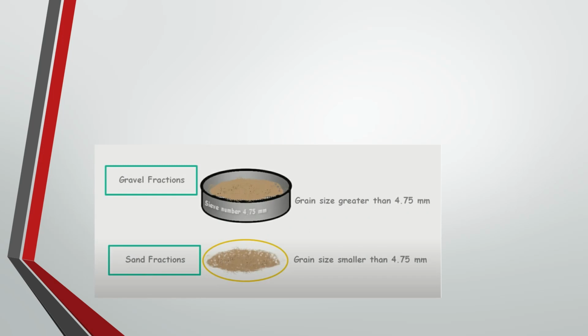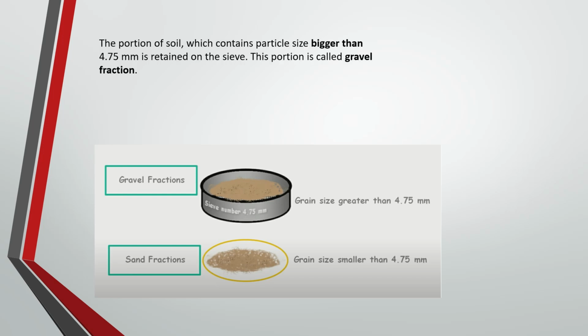In performing a sieve test, one must consider and know the two categories of coarse grained soil. The portion of soil which contains particle size bigger than 4.75 mm is retained on the sieve. This portion is called gravel fraction, having grain size greater than 4.75 mm.